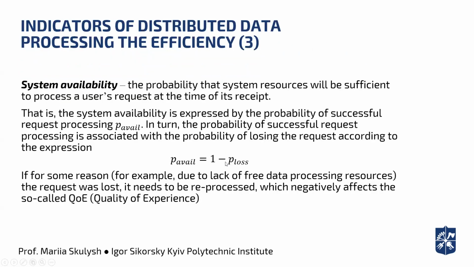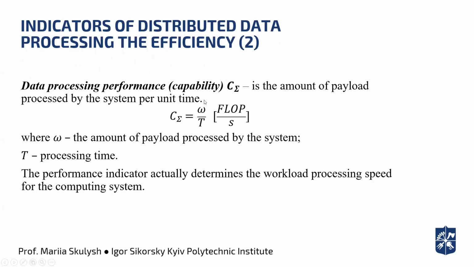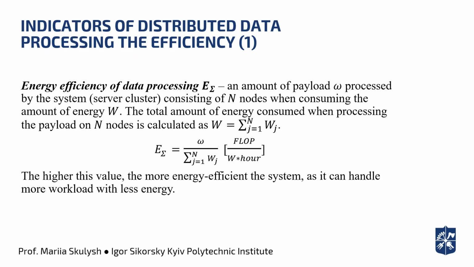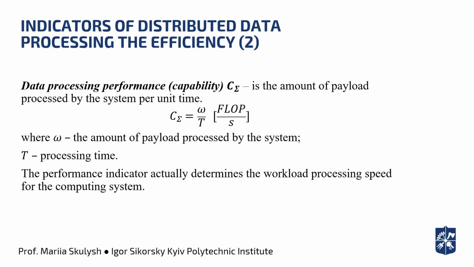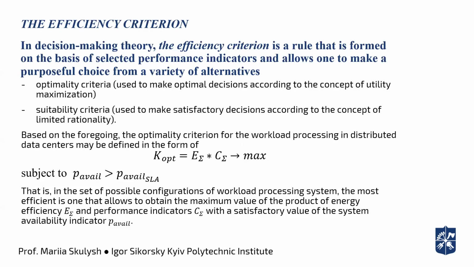Yes, so here we talk about data processing performance: how fast it's processed and how effectively energy is used. The multiplication of these two parameters can give us the optimal criterion for choosing the best strategy.